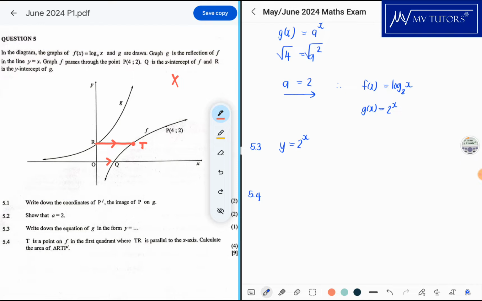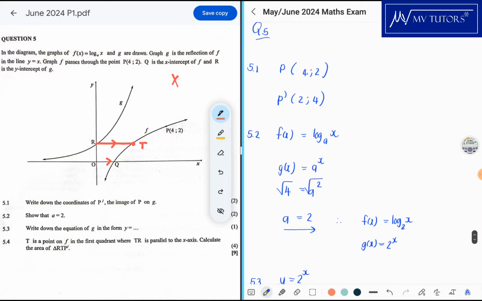Now calculate the area of triangle R, T, and P prime. Remember P prime, we got it to be (2, 4). And remember when I said R will actually have the coordinates (0, 1), meaning Q is (1, 0). So probably here, that's where you get 2, right? If at Q that's 1, this is most probably 2.